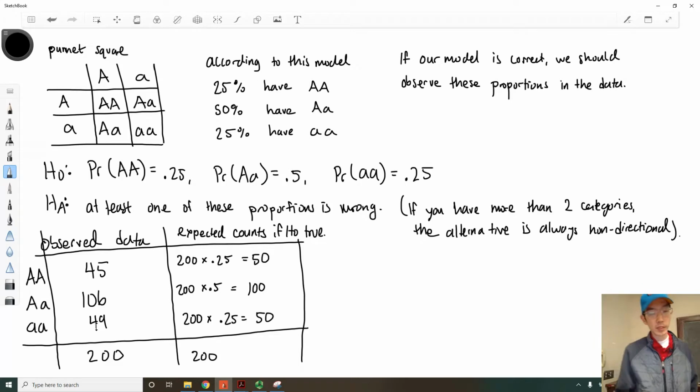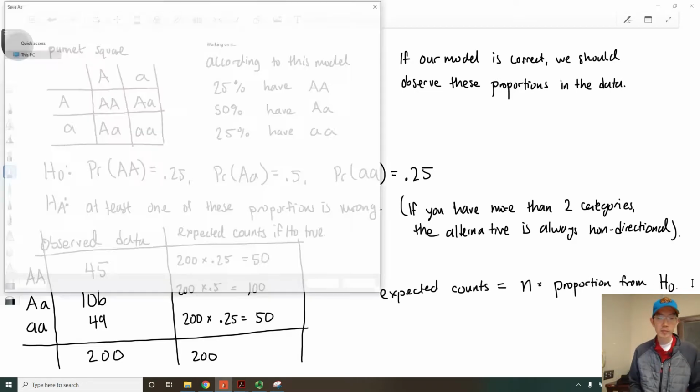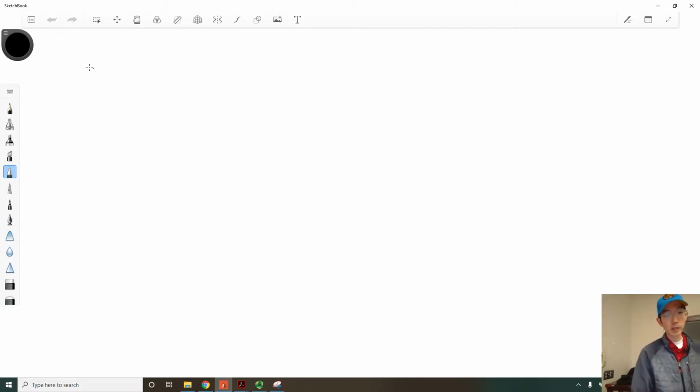All right, so basically the expected counts are going to be your total n times the proportion from the null hypothesis. All right, and so we say, let's test this.